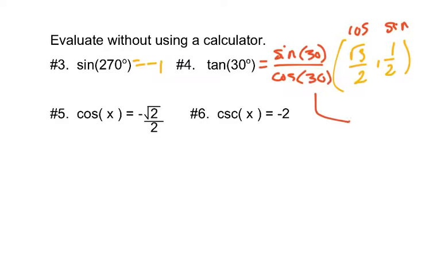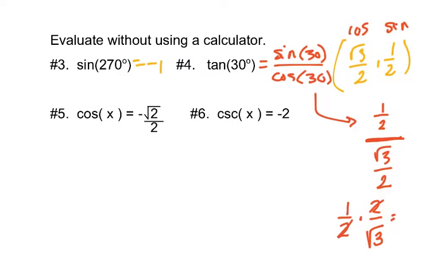So we're looking for sine of 30, which is a half, and cosine of 30, which is square root of 3 over 2. If we multiply by the reciprocal, we cancel our 2's and have 1 over square root of 3. So tangent of 30 is 1 over square root of 3.